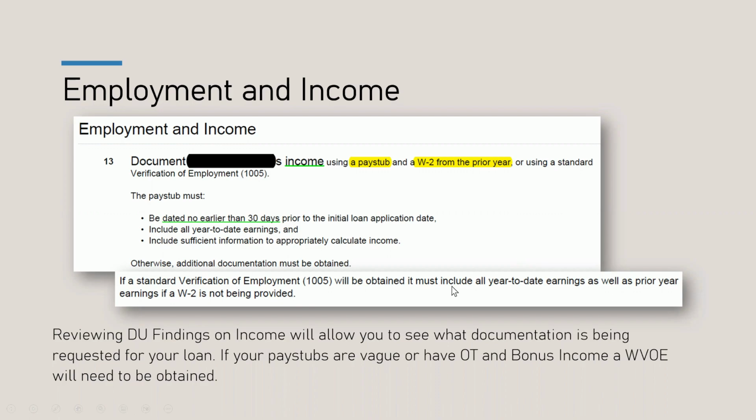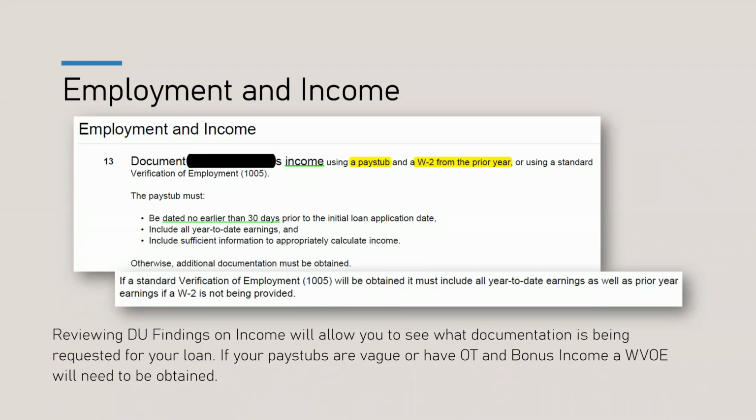So right here, it's stating you need to get an employment verification, include all year-to-date earnings as well as prior year earnings if W-2 is not provided. So you've got to make sure that you're reading what it's asking you for. A lot of the time you can go off of 1 year and year to date. Sometimes it's asking you for previous 2 years, sometimes year to date and previous 2 years.